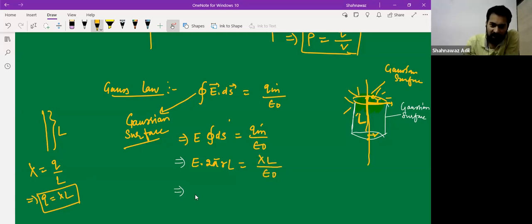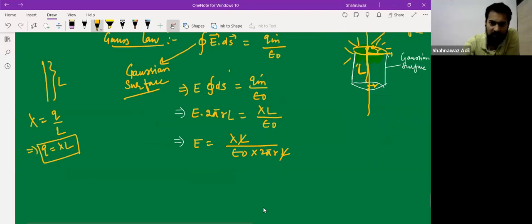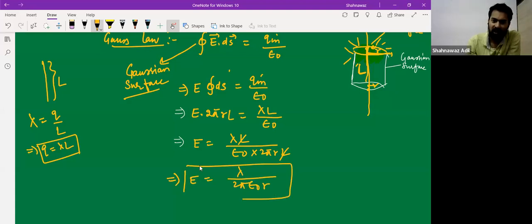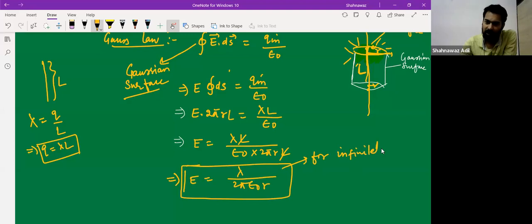So E would be lambda L by epsilon naught into 2 pi r L. Your L will cancel and you will get E equals lambda by 2 pi epsilon naught r. This is the electric field for the infinitely long wire. Understood this much?